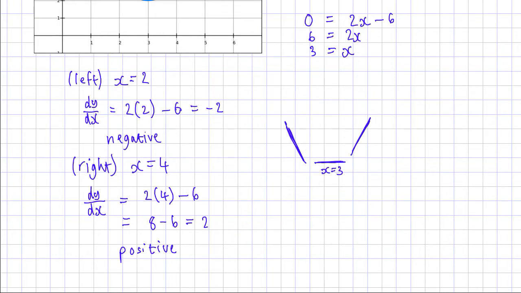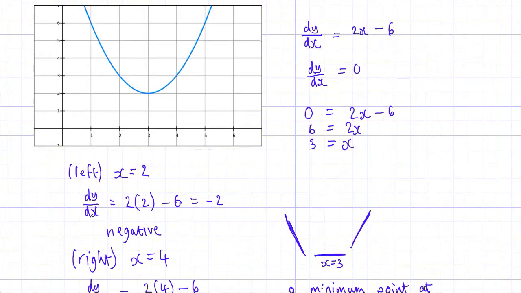So we have a minimum point at x equals 3. This is how you would determine the nature of the stationary point. First we found where the stationary point was by setting dy over dx equal to 0, and that's when x is equal to 3, and we can see that on the graph.